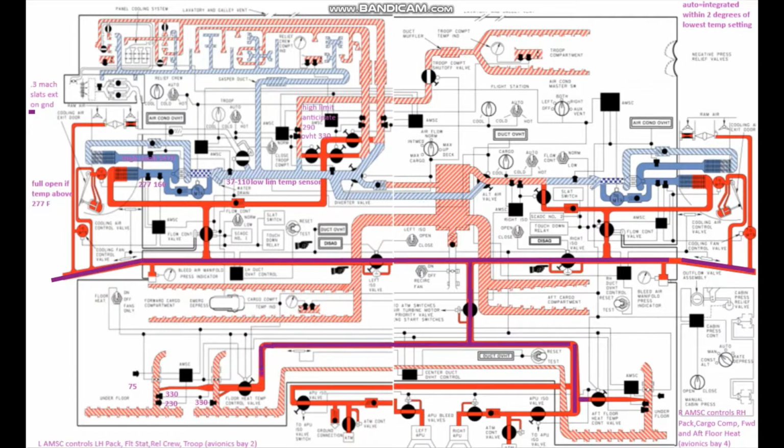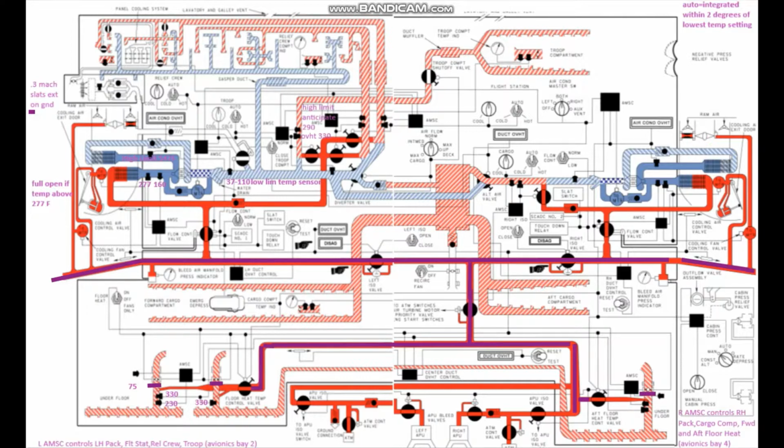Alright, let's see. Now this is our floor heat temp control valve, and so we'll end up with hot bleed air just kind of sitting here waiting. And if you notice, we've got these fans right here that are sucking in air from the cargo compartment.